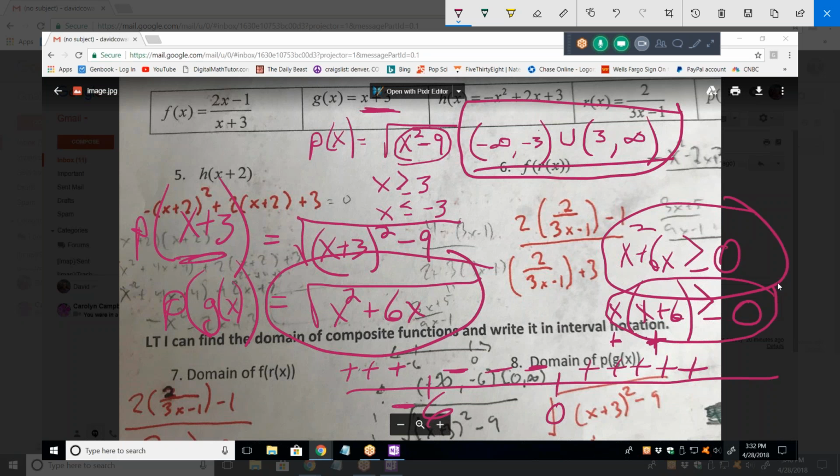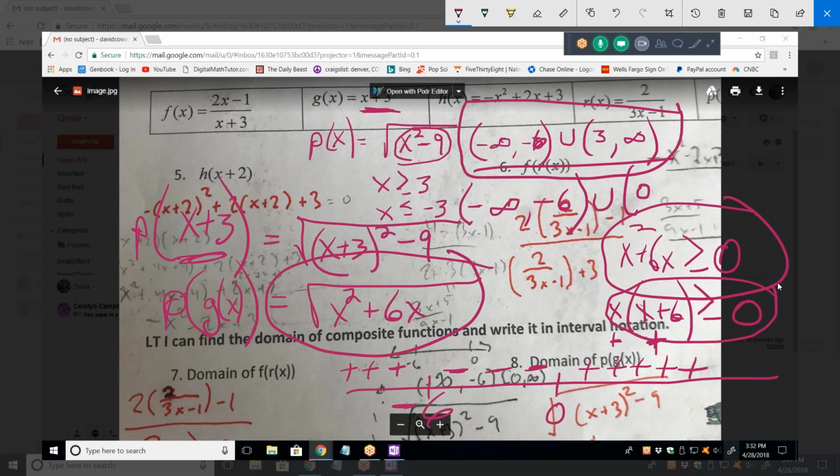So if I just extend that, ooh, no, that doesn't work. I have to go to minus 6. So it's got to look like something like this. I hope you can follow this. There are so many numbers on the thing. Okay, so I can go to minus 6. I can't have any numbers between minus 6 and 0. I go from 0 to infinity.